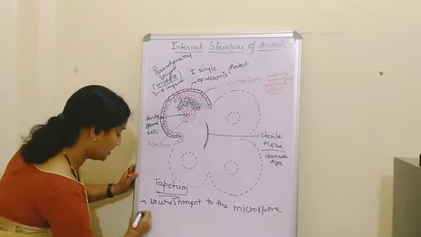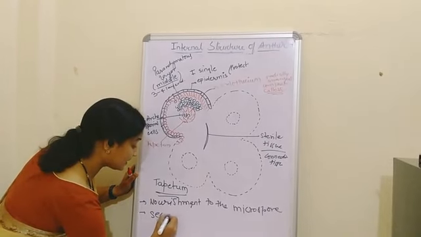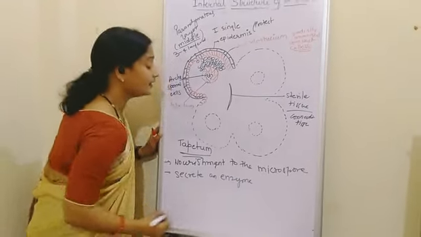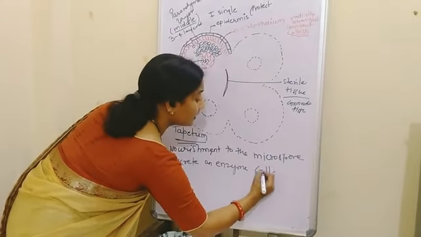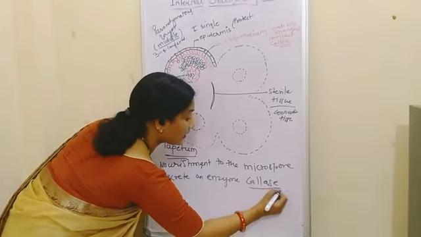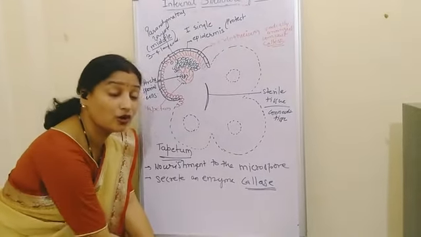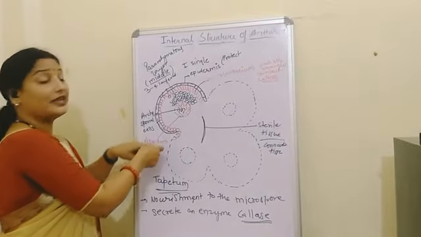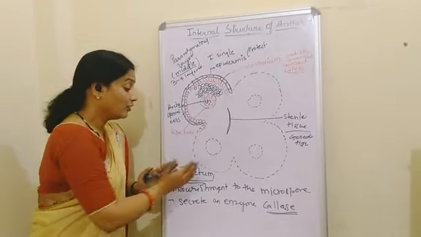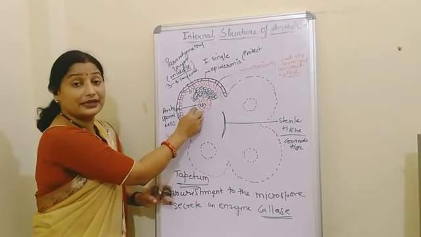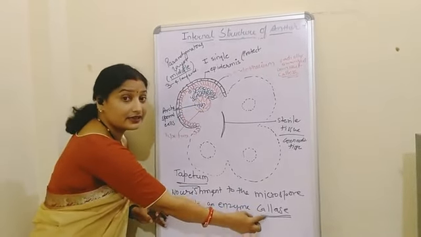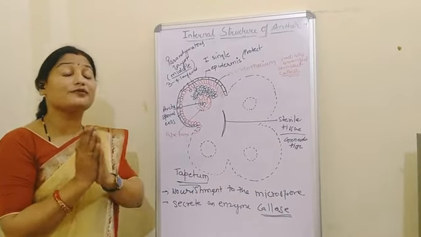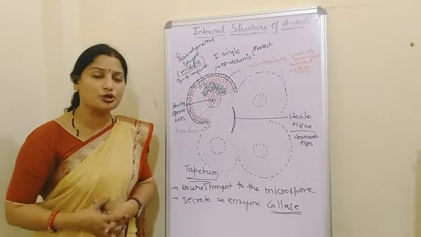Second important function: the tapetum secretes an enzyme called callase. Now see children, I told you callose is a very hard thickening which holds the structure of the anther. Understood? The enzyme secreted by the tapetum is called callase. This enzyme is helpful in breaking the structure of the callose. It helps in the dissolution of the callose.